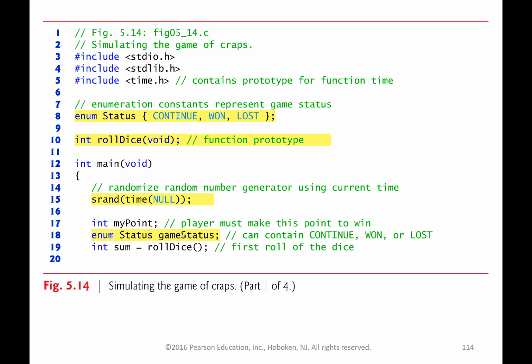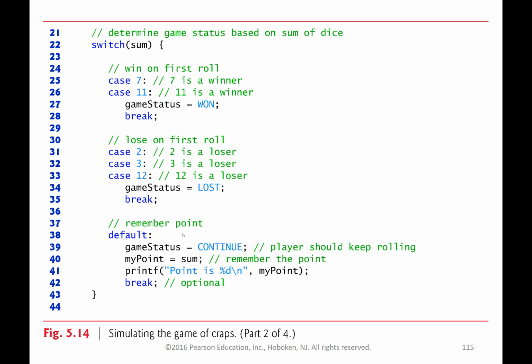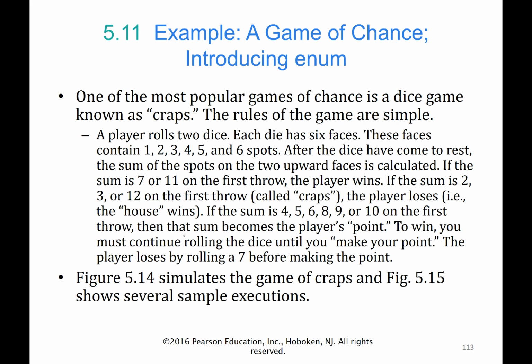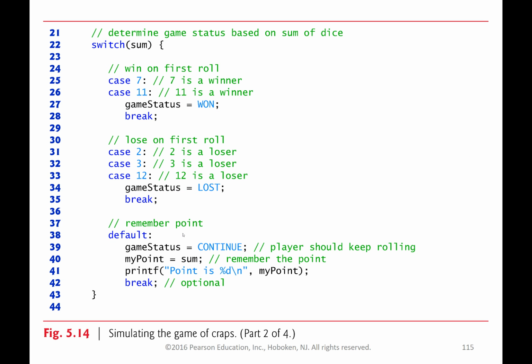So here we go. We have a switch based on the sum of the dice. The first thing we're going to do is we declare a variable called sum, and we roll the dice. And we'll look at roll dice, but it's going to return a number between 2 and 12. So the first thing we do on the first roll, if it's a 7 or 11, game status is equal to won.